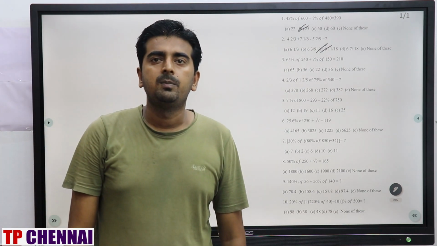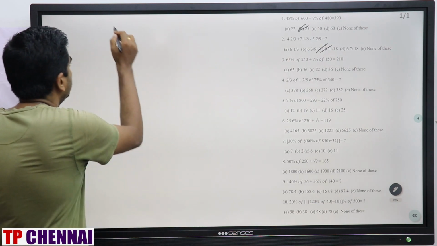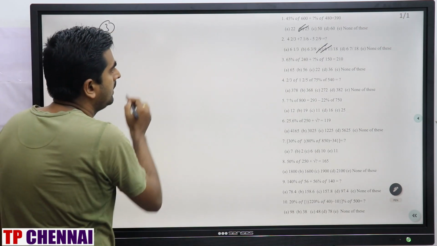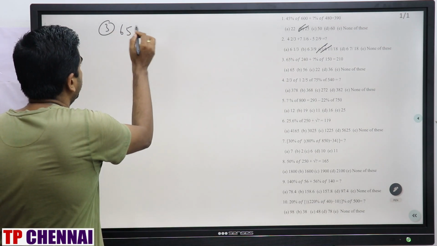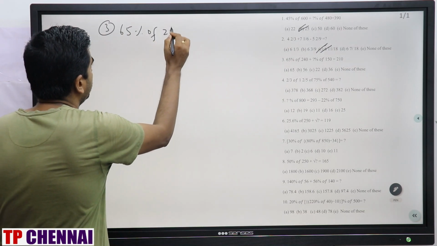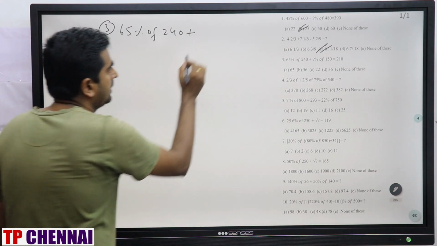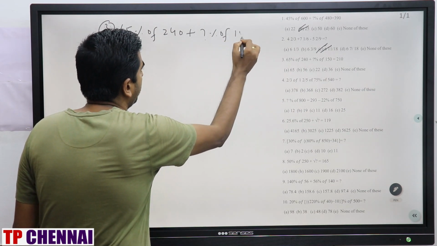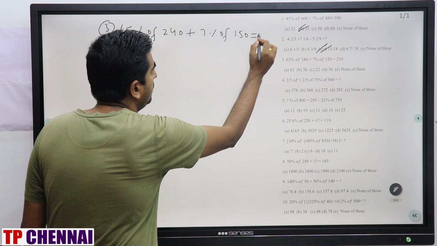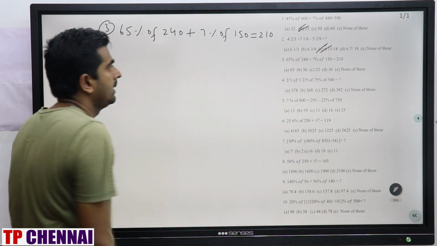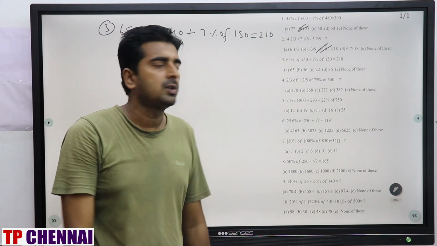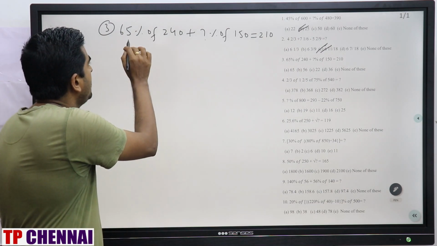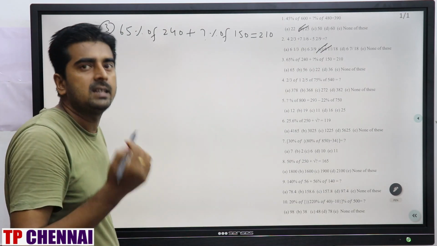So now we'll see question number 3. 65% of 240 plus question mark percent of 150 is equal to 210. Right? So this type of questions, always remember 65% of 240. 65 is there, right?